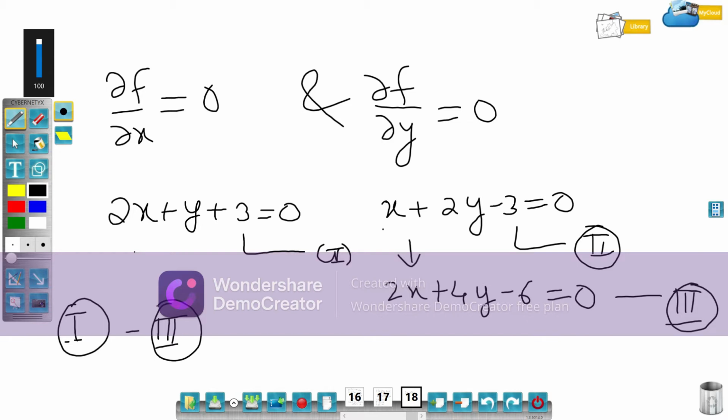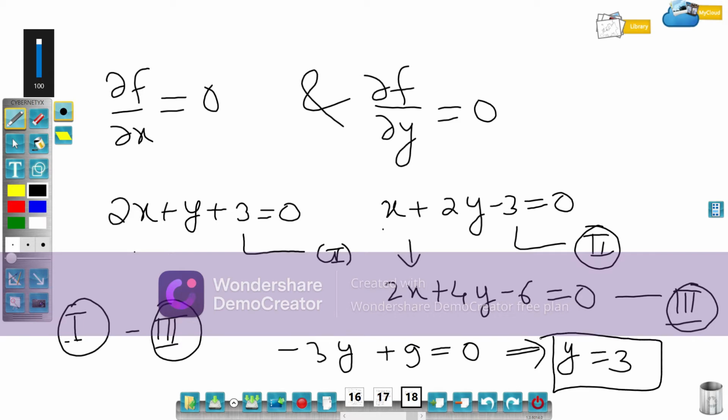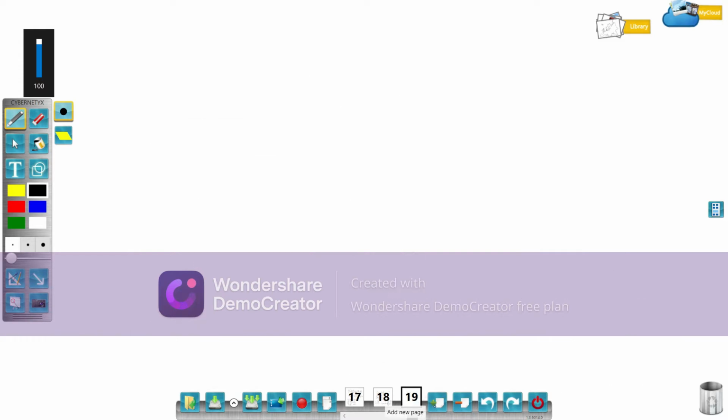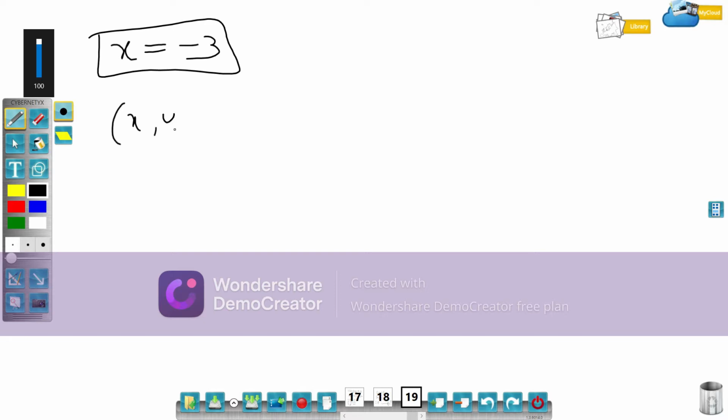So minus 3y, 3 plus 6, so plus 9 is equal to 0. This would imply y is 3. If you substitute y is equal to 3 in any one equation, 3 plus 3 is 6, that side minus 3 will come, x is equal to minus 3. So (x, y), which is equal to (3, minus 3), is the stationary point.